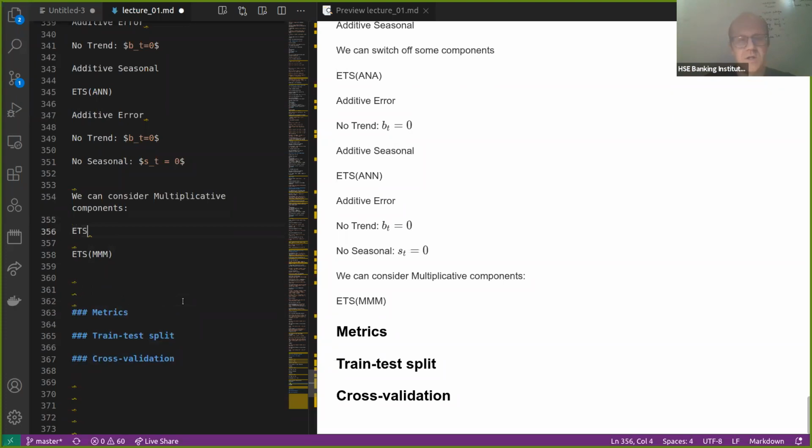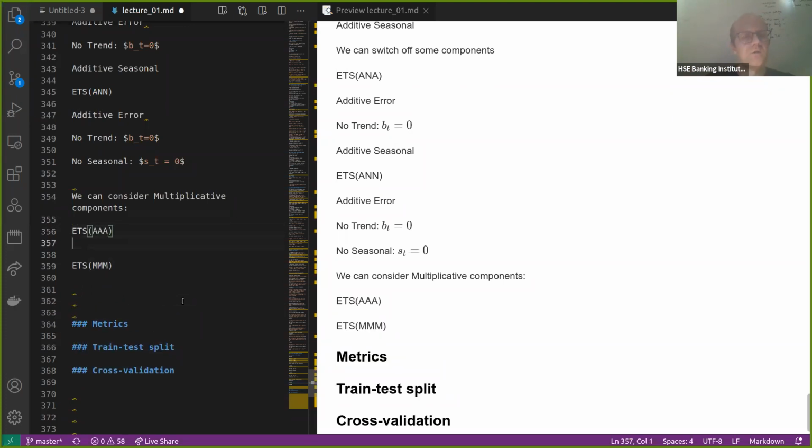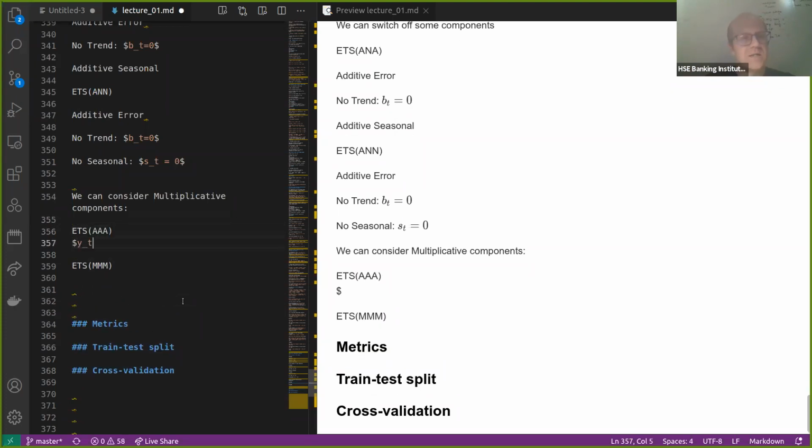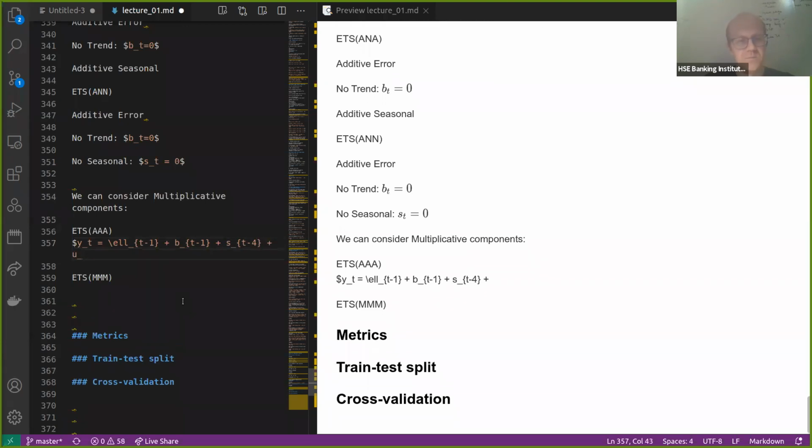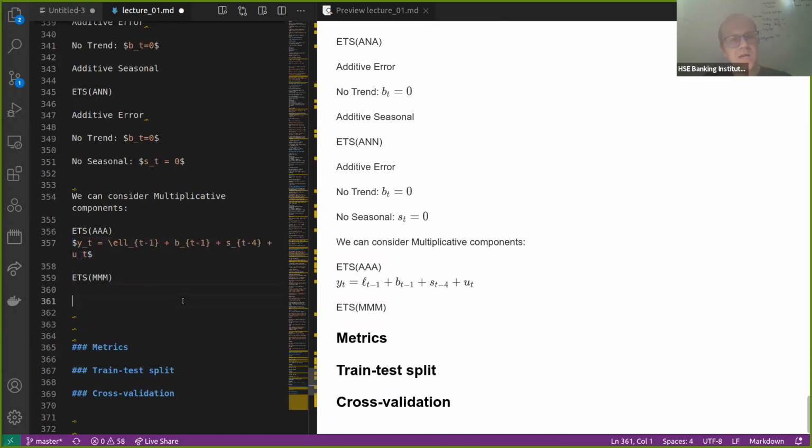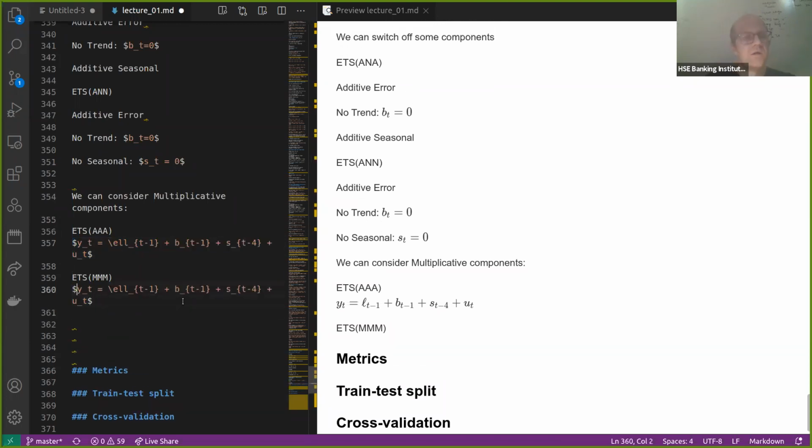If you consider ETS AAA, so basically you have YT is L T minus 1 plus B T minus 1 plus S T minus 4 plus UT. In multiplicative model, that changes a little bit.